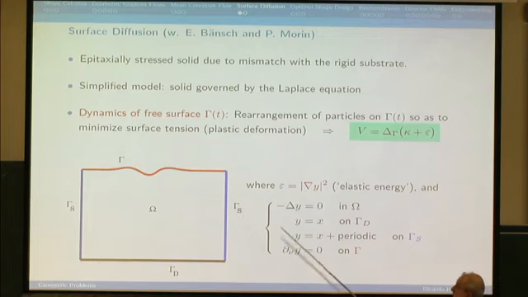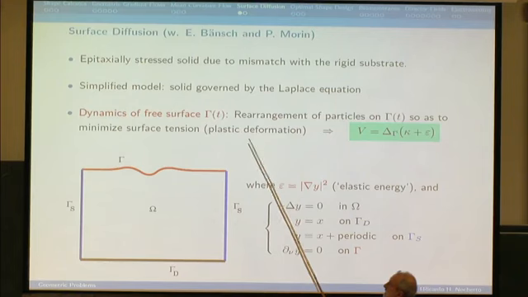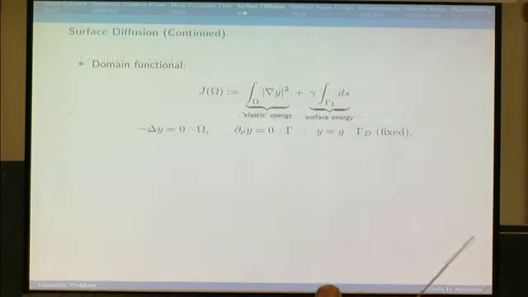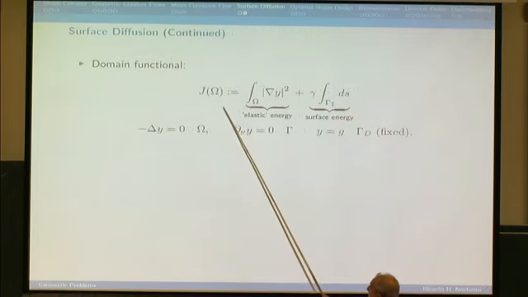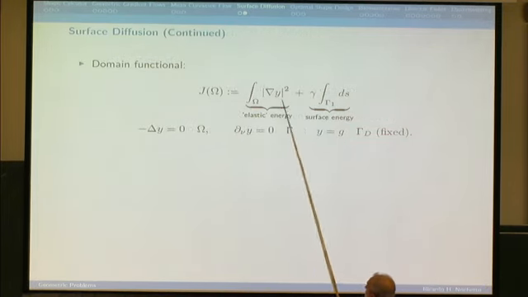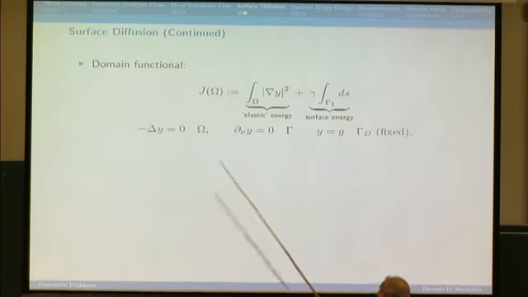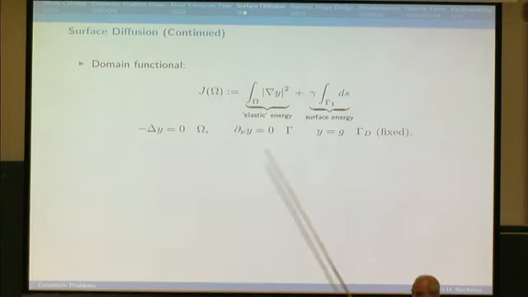Okay? This equation, that is a dynamic rearrangement of particles on the top, on the gamma, can be derived using the ideas of gradient flow. You start with an energy like this, which is the Dirichlet integral plus a penalization of the perimeter of the top, with y satisfying this equation, and then you apply the techniques that I mentioned earlier.